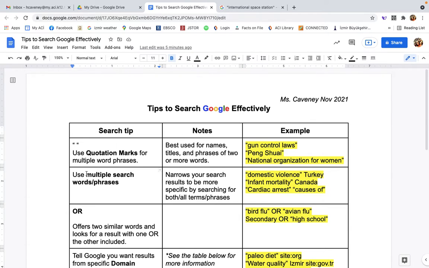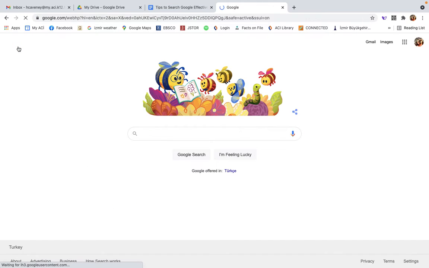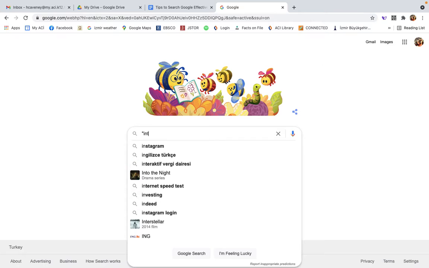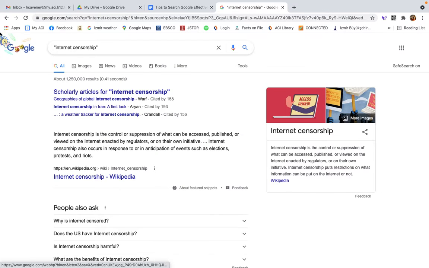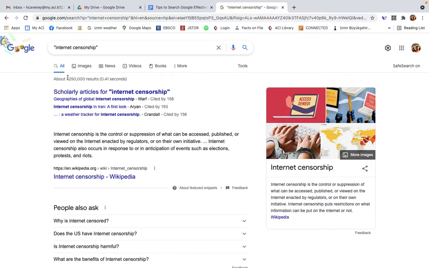The next thing I want to talk about is using multiple search words or phrases, and this narrows your search more. Again, I've provided some examples here, but let's go back and, for example, I'm going to do internet censorship. All right, so I have 1.25 million results.